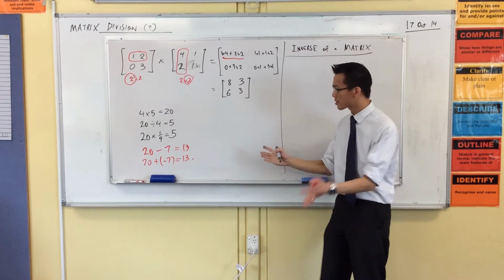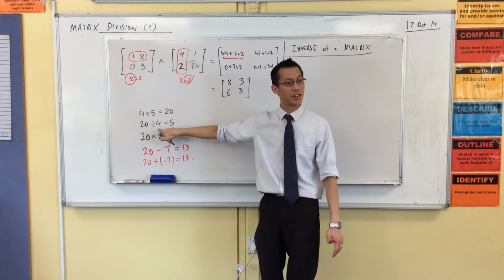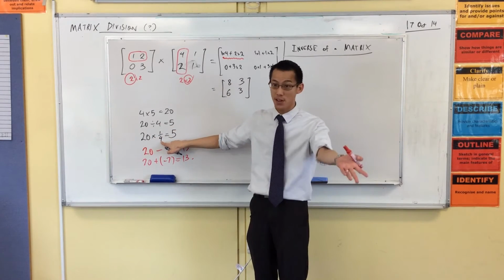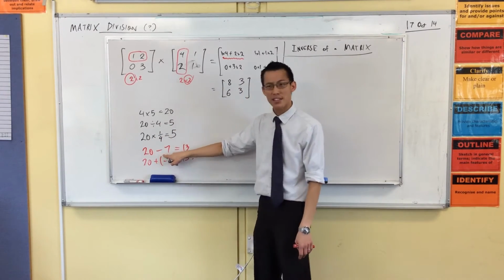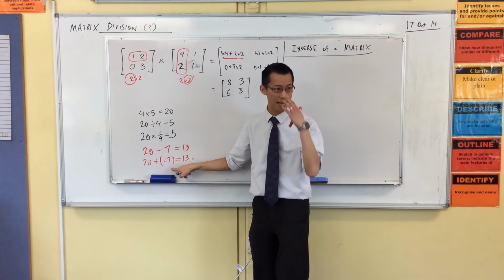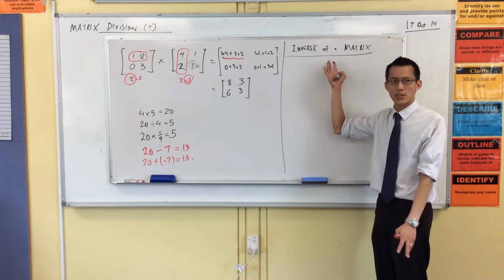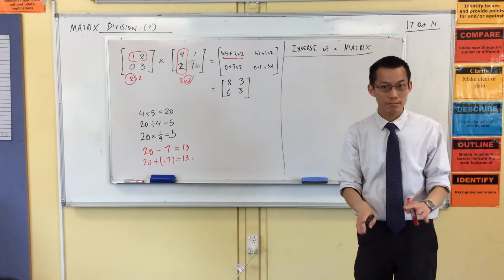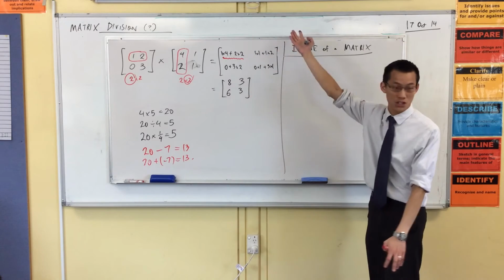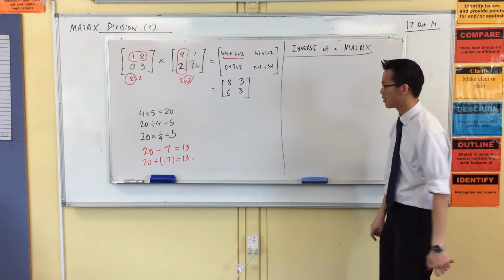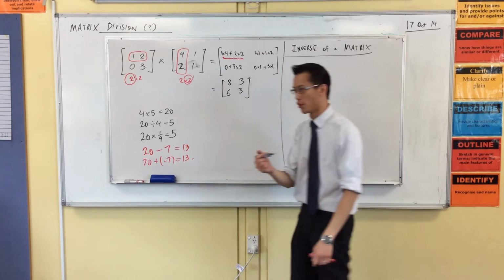Okay? So just like to divide by 4 is multiplying by the inverse of 4, to subtract 7 is to add the inverse of 7. What we need to work out is, what's the inverse of a matrix? If you multiply by that, that's what division is. All right, question for you.